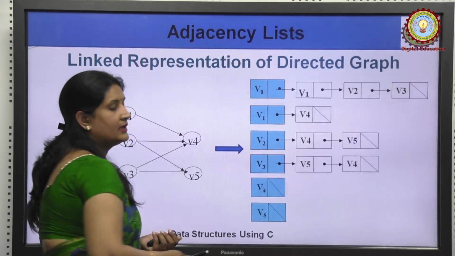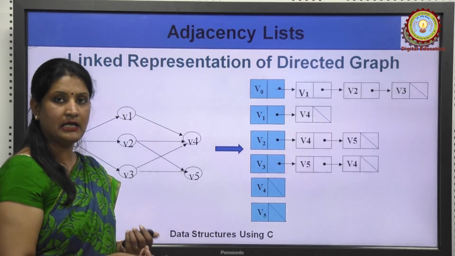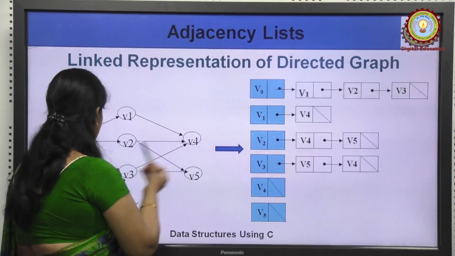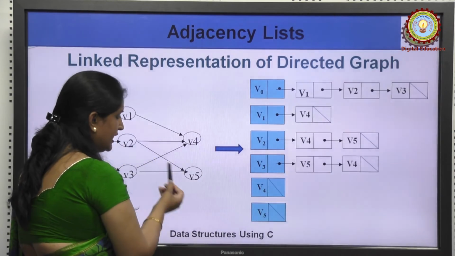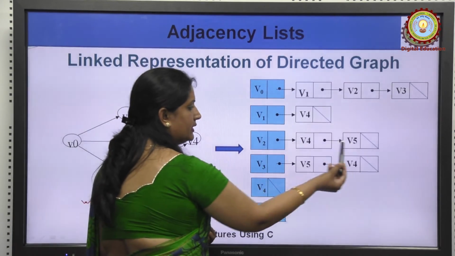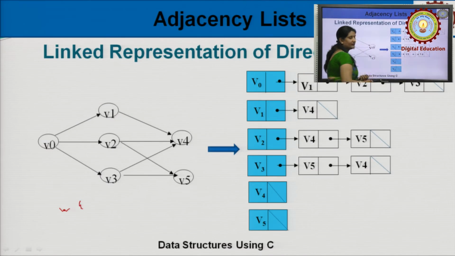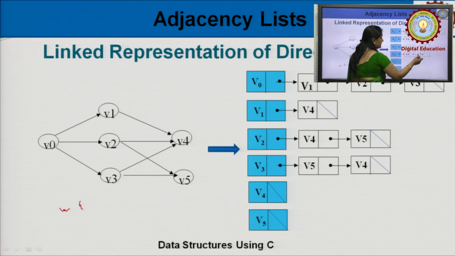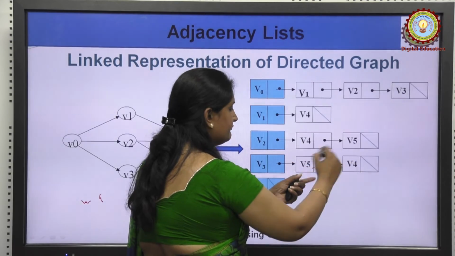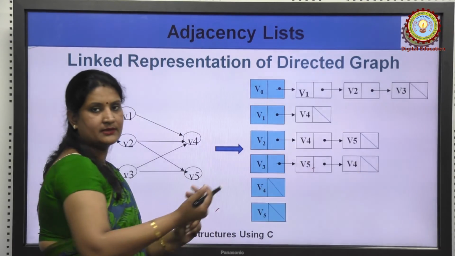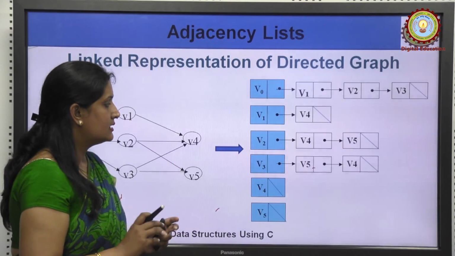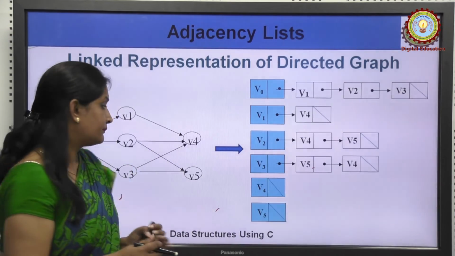After that, the adjacency list will contain the null value. Node 2 is adjacent to 5 and 4. After that, it will contain null value. And node 3, V3 is adjacent to V4 and V5. ये जो order है, आप V5 या V4 को कैसे भी लिख सकते हैं, बस it will tell us there are 2 adjacent vertices.